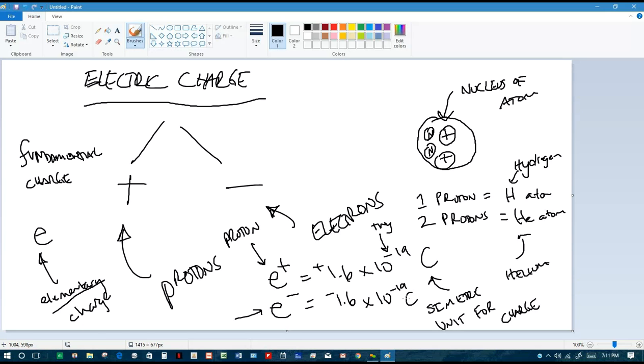The charge of a proton is positive 1.6 times 10 to the minus 19 coulombs. The charge of an electron is negative 1.6 times 10 to the minus 19 coulombs. So in magnitude they have the exact same charge, but opposite in sign and direction. Does that make sense? Yeah, I got you.